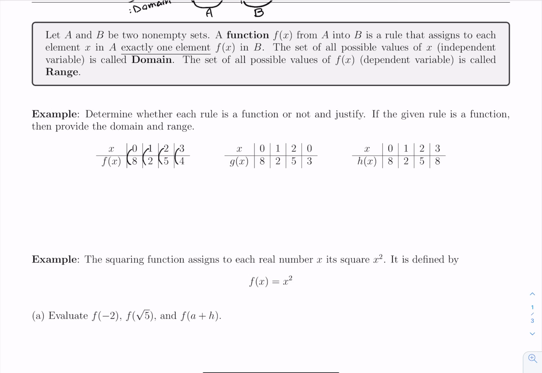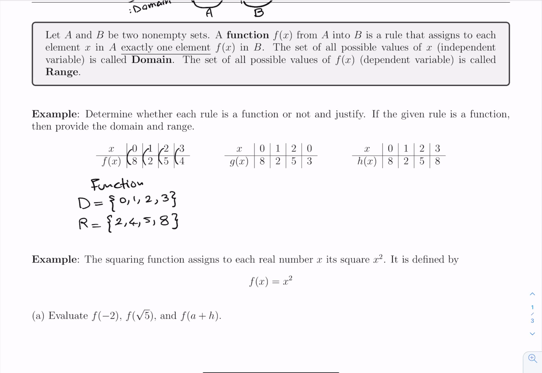Each x is assigned to exactly one f of x. Yes, this is a function. The domain of this function would be the set of all x. That's 0, 1, 2, 3. And the range would be the set of all f of x's. That would be 2, 4, 5, and 8.